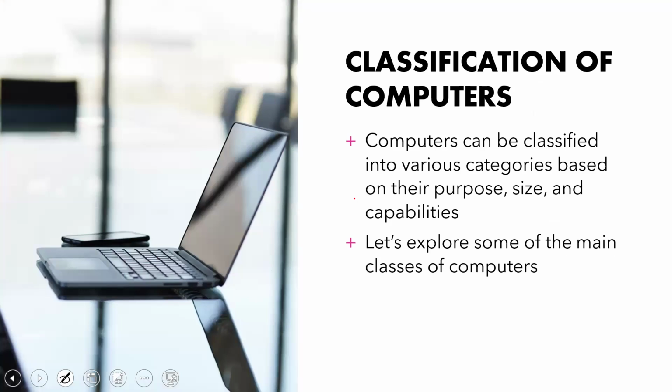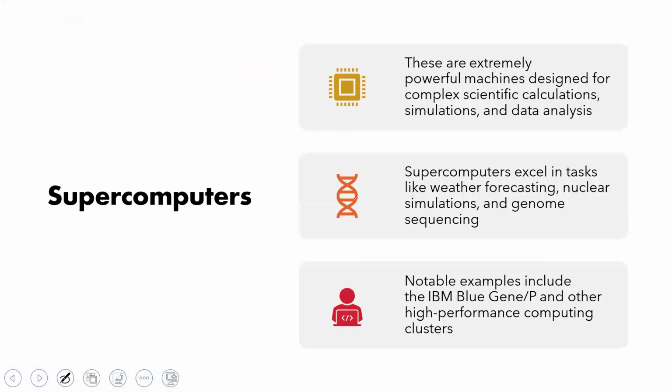Now, let's look at the classification of computers. Computers can be classified into various categories based on their purpose, their size, and their capabilities. Let's explore some of them. We have what we call the supercomputers. Supercomputers are extremely powerful machines designed particularly for complex scientific calculations, simulations, and data analytics.